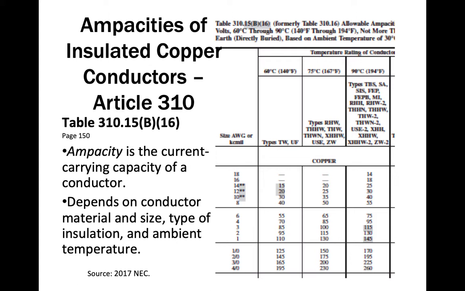So that's how it works. Just absorb this information, just let it roll. So I'm going to use a 90 degrees C, use that ampacity, derate it, but my final ampacity is going to be based upon the 75 degrees C column.